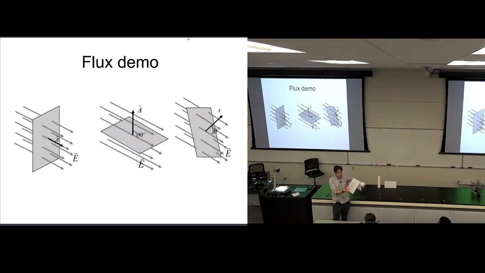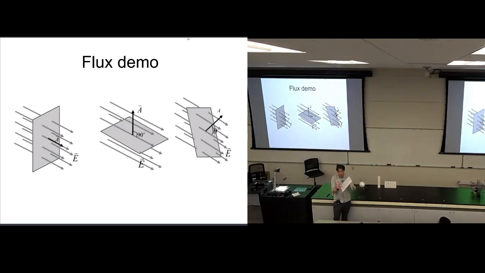For example, if you count the number of field lines that pass through the two surfaces, it's 9. There are 9 field lines through the angled surface, and 9 field lines through this vertical one. So there's the same number of field lines through.